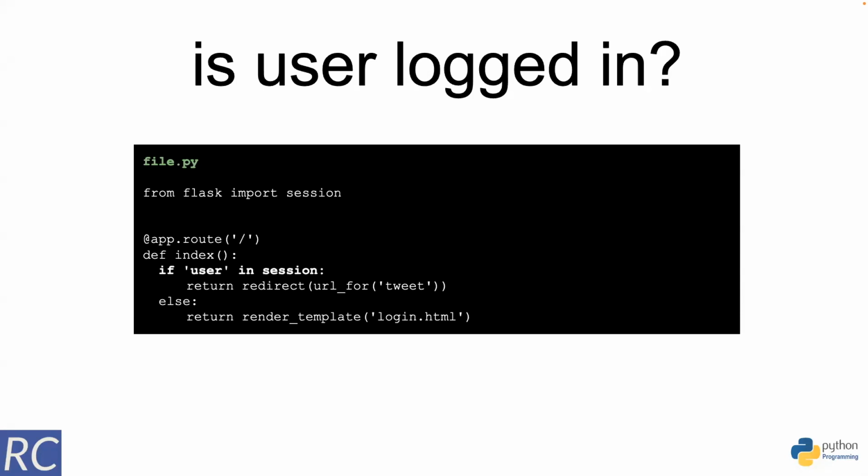A dictionary has key value, key value, key value. We ourselves set the user key when the user was authenticated. Now, whenever I have to check if the user is logged in, I just check if the user key is there in the session dictionary. If it is there, I know the user is authenticated. If it is not there, send the user to the login page. Pretty simple. Any question at this point?